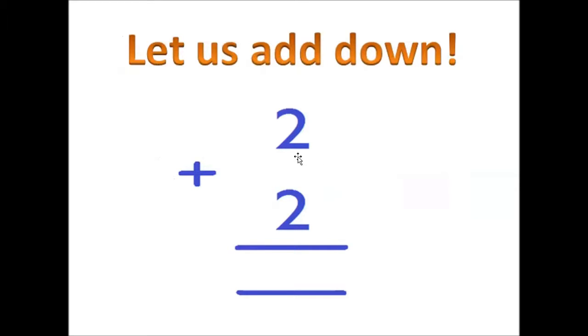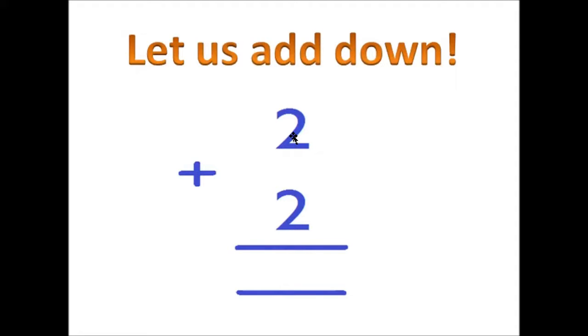I will put my arrow by the first number. And this is our first number. It's 2. Okay? Here is our add sign. Right? So it's 2 add 2. And here is our equal sign. So you see how different it looks?